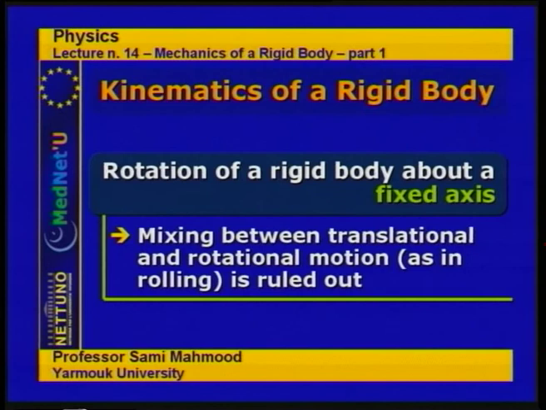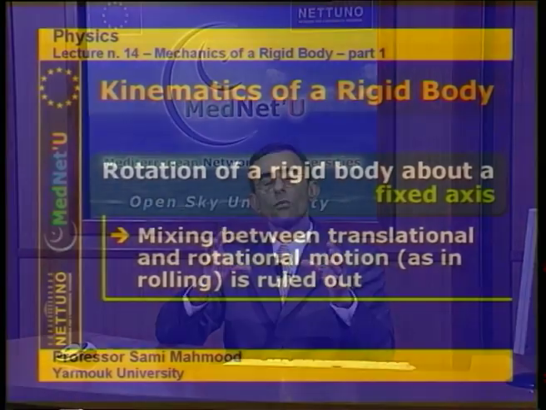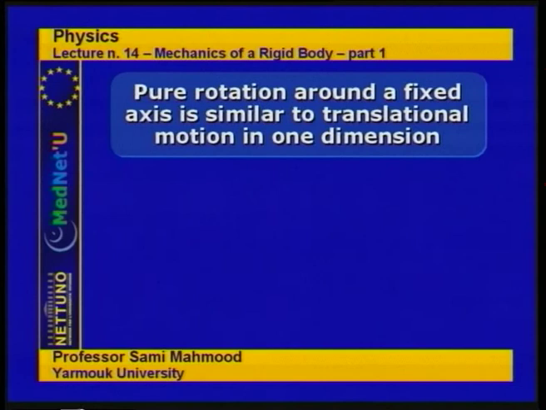Such motion will be ruled out, meaning we will reduce our problem to a simple rotation, which means that we will not be considering the motion in which the center of mass is translating in space. So this will be the problem of pure rotation around a fixed axis, which is similar to translational motion in one dimension.